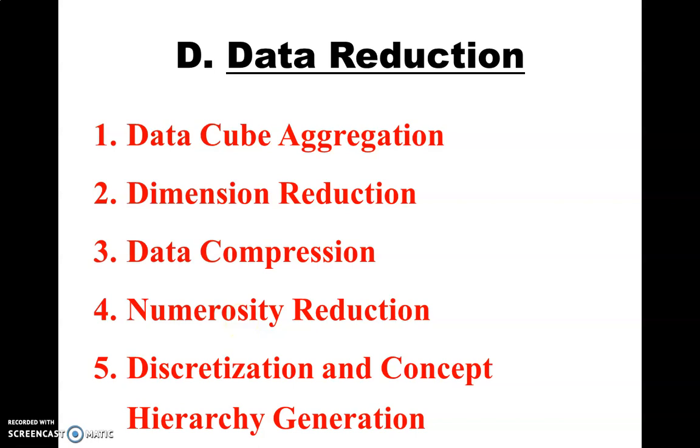Then the last one, discretization and concept hierarchy generation. Now what is discretization? Discretization techniques can be used to reduce the number of values for a given continuous attribute by dividing the range of the attribute into intervals.